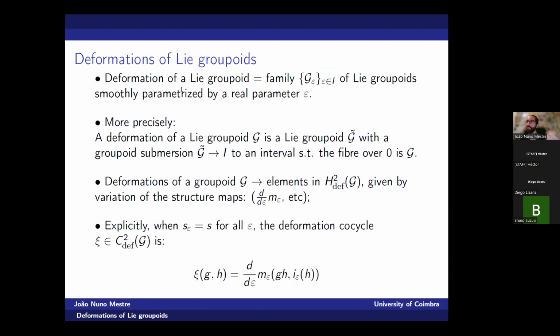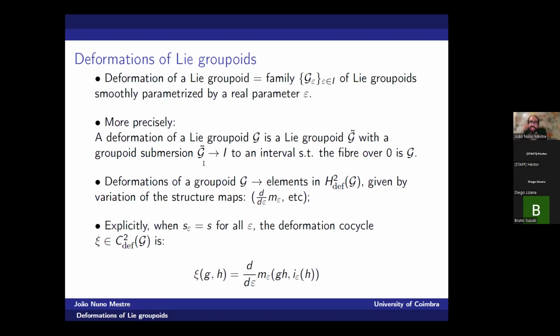So now, how would we use such a deformation cohomology to study deformations? Well, a deformation is a family of Lie groupoids smoothly parameterized by a real parameter. You can make sense of these, if you want, formally, by putting these G epsilons as fibers of a submersion.